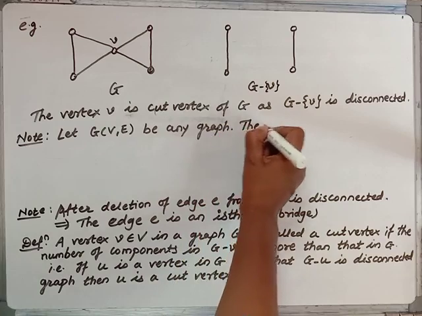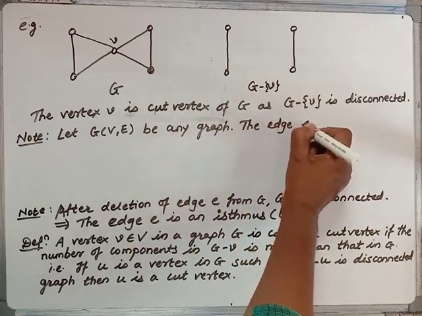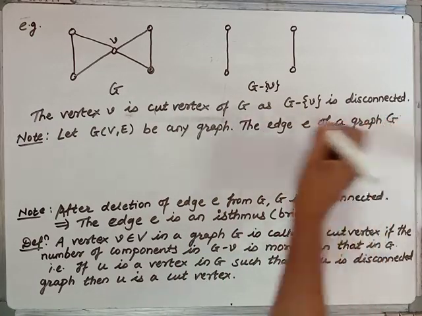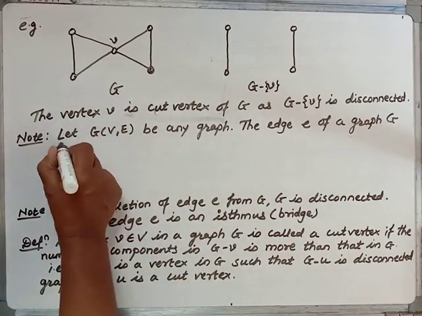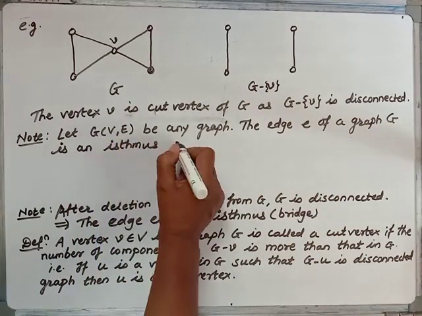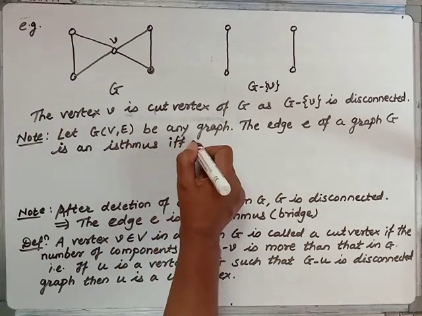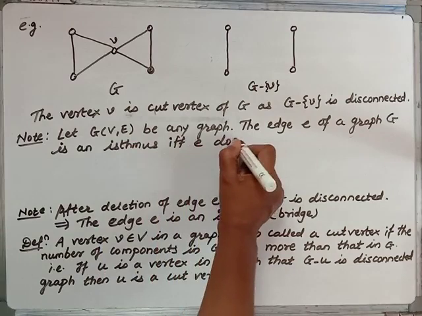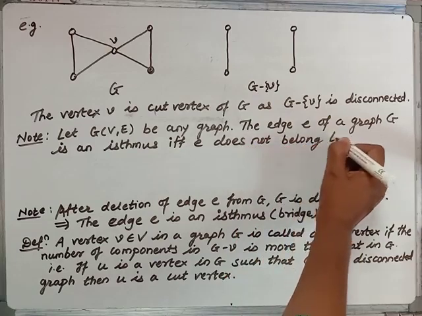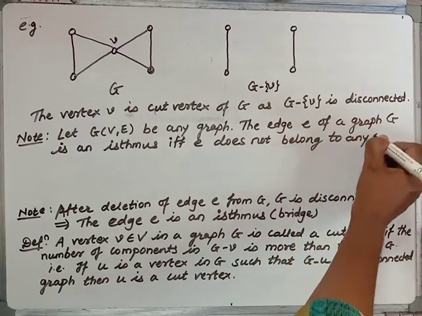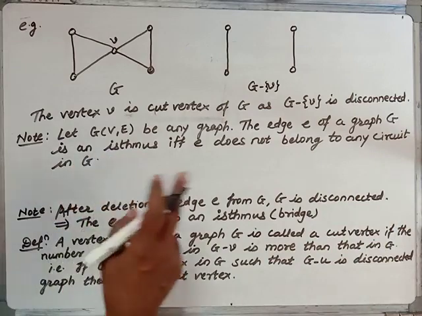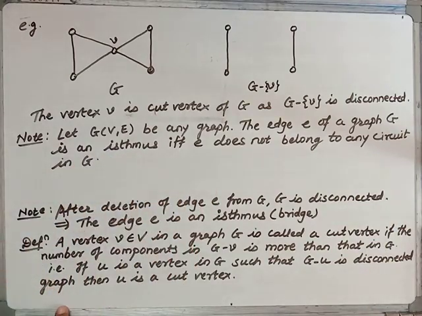The edge E of a graph G is an isthmus if and only if E does not belong to any circuit in G. If it doesn't belong to any circuit in G, then it will be an isthmus.